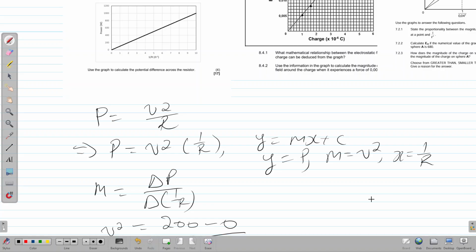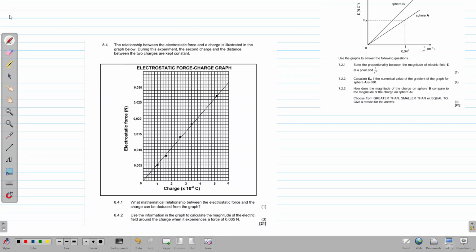All right, so let's move on to the next two questions. Okay, so let's look at this question. What do they want here? The relationship between electrostatic force and charge is illustrated in the graph given below. During the experiment, the second charge and the distance between the two charges are kept constant.